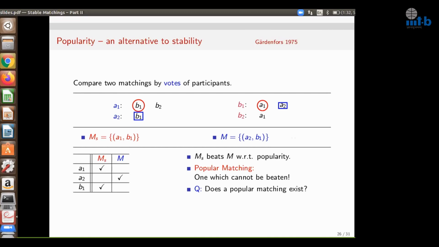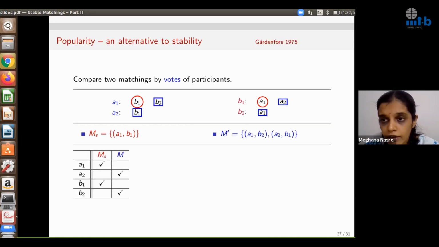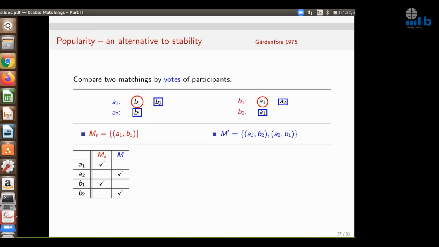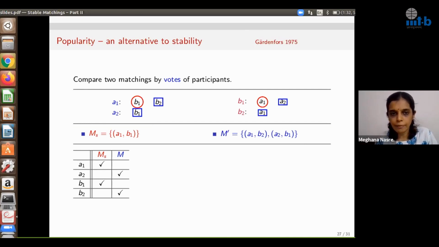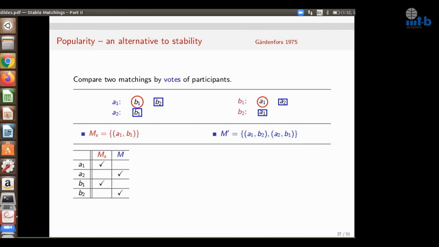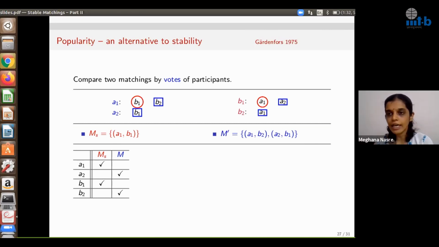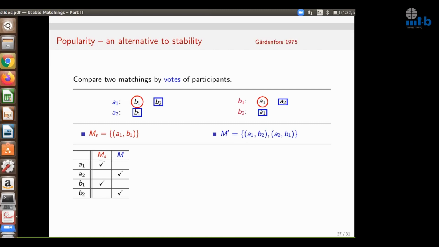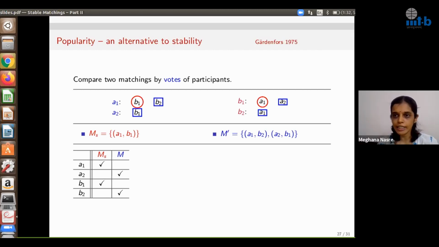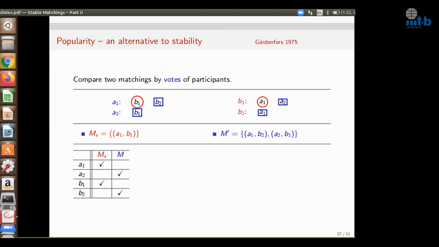But when the votes are the same, to break the tie, I would require someone to become indifferent. No, we don't take that route. We never change the preferences of the participants. We will say that both MS and M are equally popular. Just like we have seen that there are multiple stable matchings, there can be multiple popular matchings also.